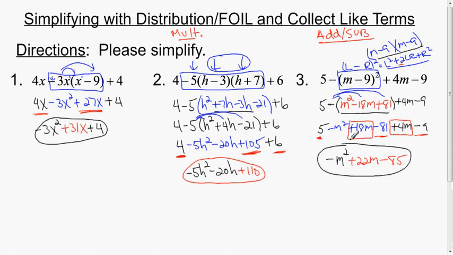Okay, so when we encounter problems that involve multiplication of quantities, which is distribution and FOIL, and collecting like terms, we just make sure we do our multiplications first, observing our exponent rules, where we add exponents when we're multiplying, and then we move on to collecting like terms because they are additions and subtractions.